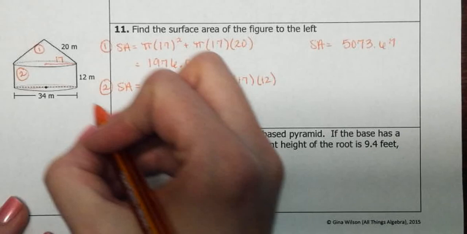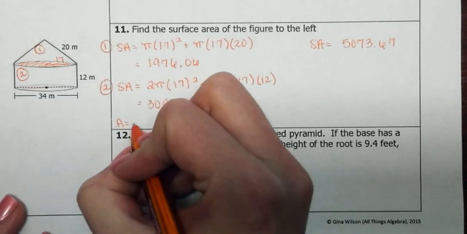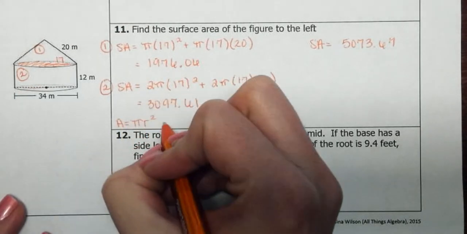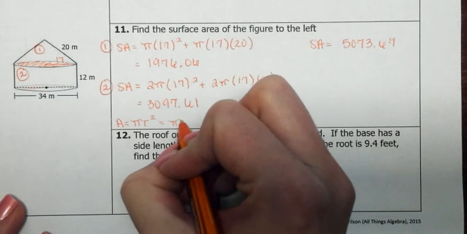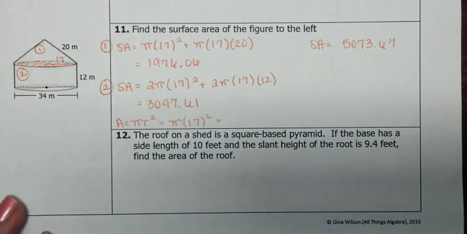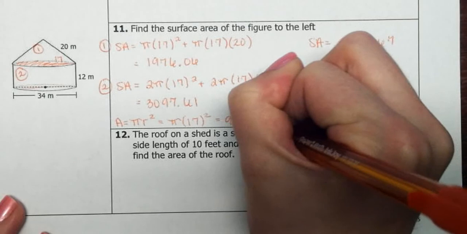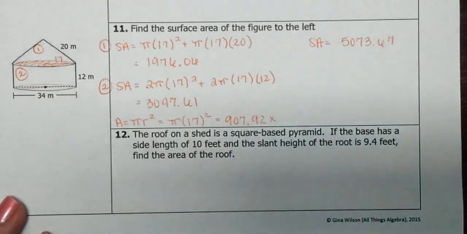So let's find that. I've got to find the area of this circle. The area formula of a circle is pi r squared. So pi times 17 squared is 907.92. But I've got to multiply it by 2 because I calculated it twice.